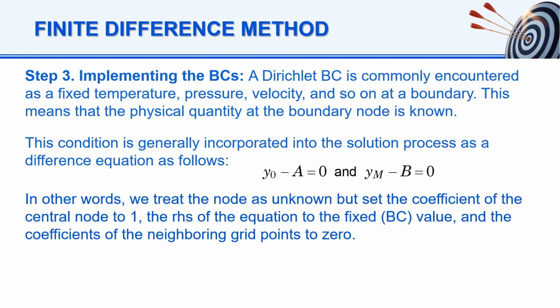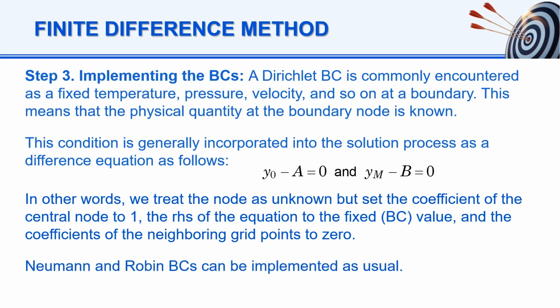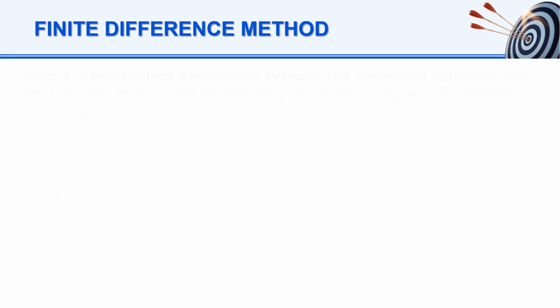In other words, we treat the node as unknown but set the coefficient of the central node to 1, the right-hand side of the equation to the fixed boundary condition value, and the coefficients of the neighboring grid points to 0. Neumann and Robin boundary conditions can be implemented as in linear boundary value problems.